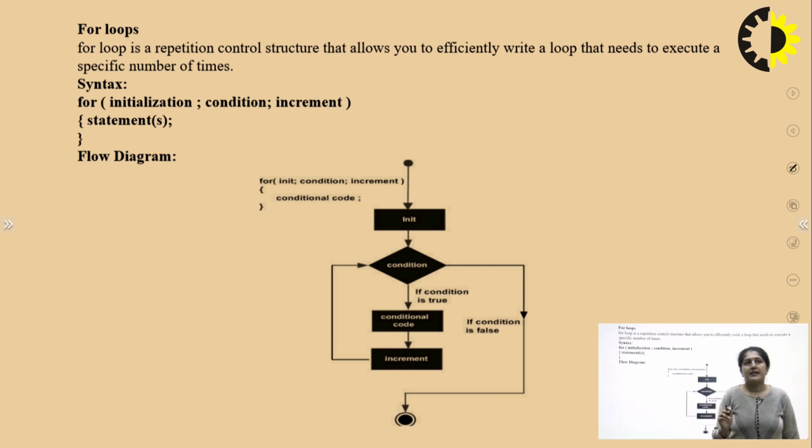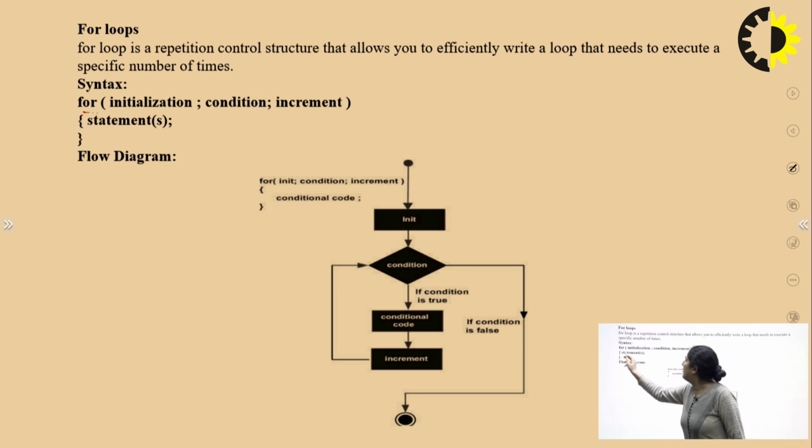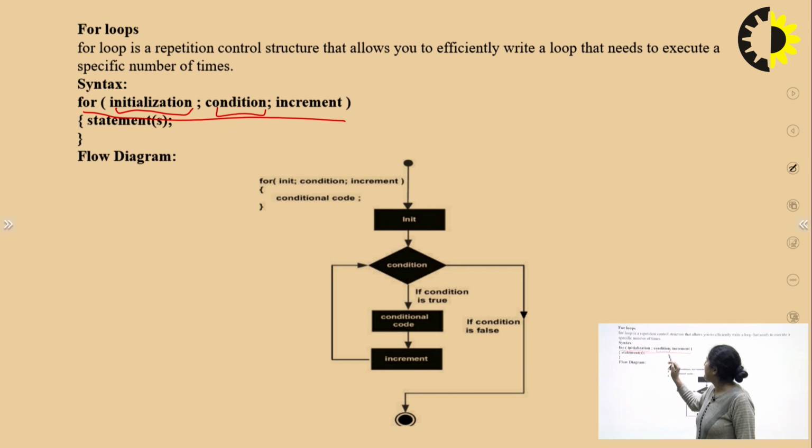You should know the syntax. Sometimes it is asked what is the syntax for the for loop. In a for loop statement, firstly comes the initialization, then comes the condition, then comes the increment.